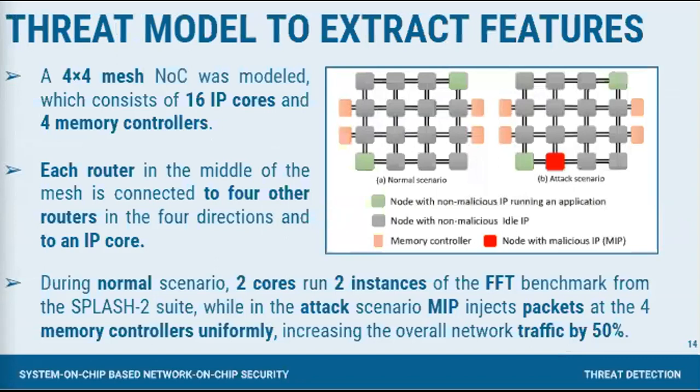In the normal scenario, the communication is an application mapping between router 0 and router 15, and in the attack scenario there's an addition of another router there. So the traffic rate will increase because there's one more router running there. That's simply the threat model that I have used.